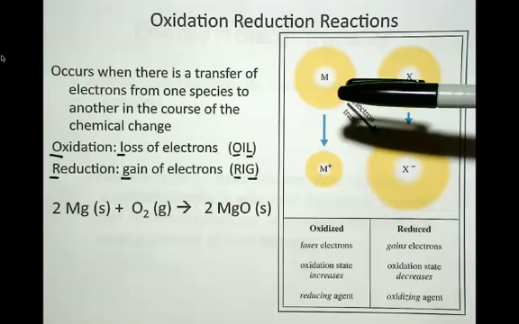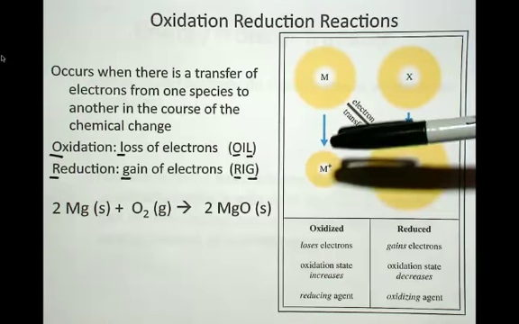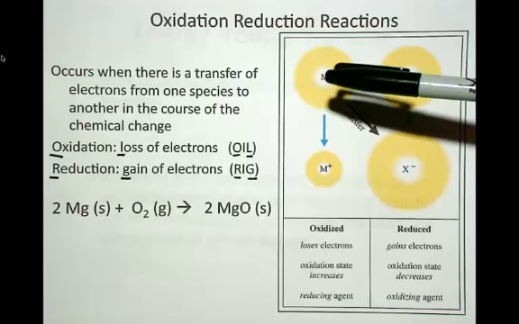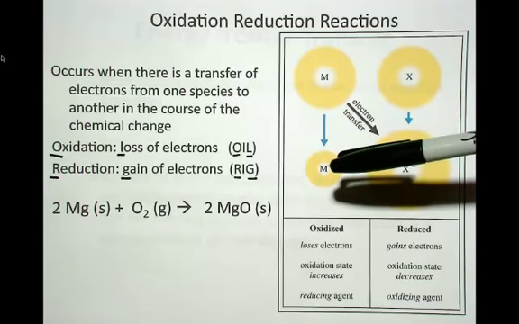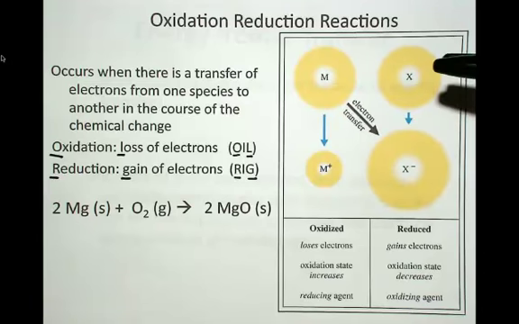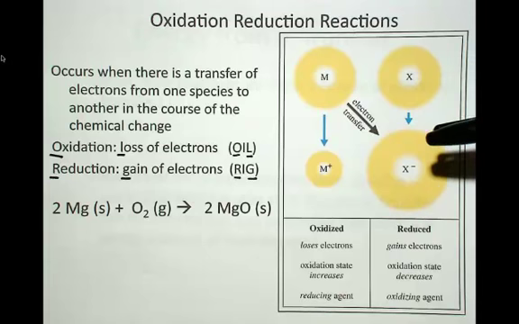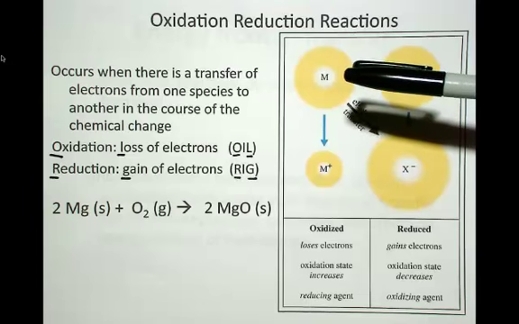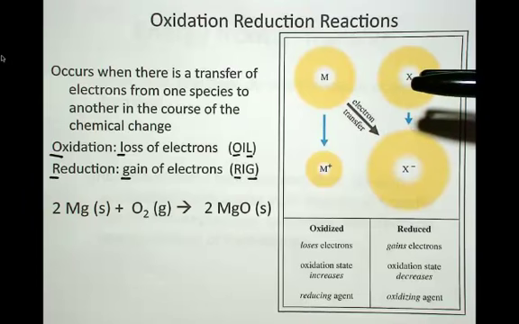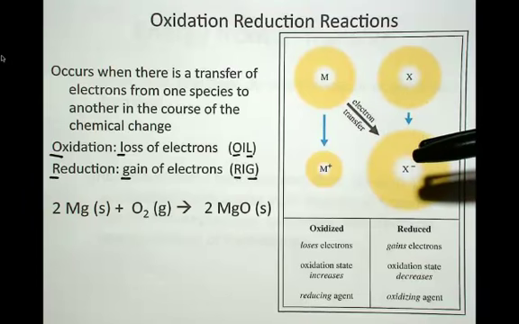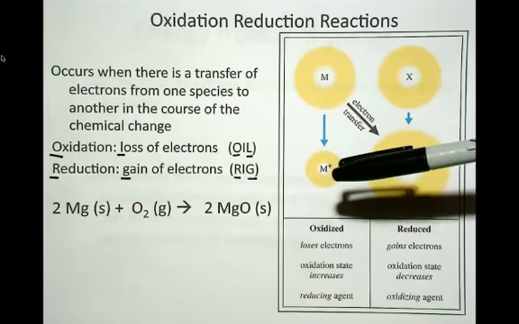And so what happens is the result of the reaction is the metal, which was not originally charged, ends up with a positive charge, and the non-metal, which originally was not charged, ends up with a negative charge. And so the electron transfer occurs from the metal to the non-metal, and the result is that the non-metal ends up with a negative charge and the metal ends up with a positive charge.